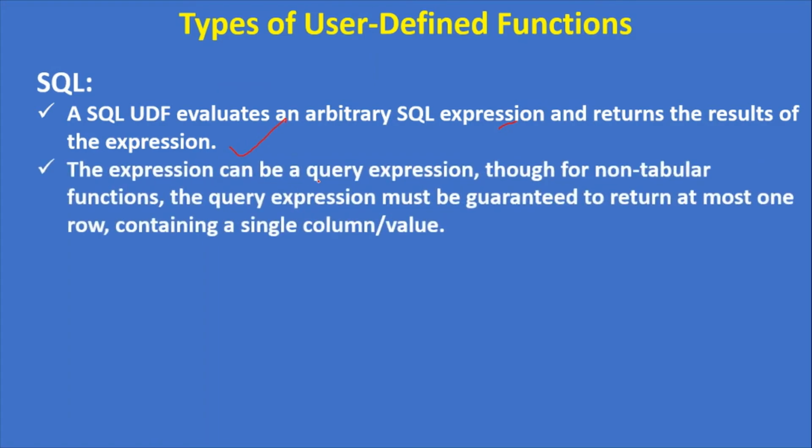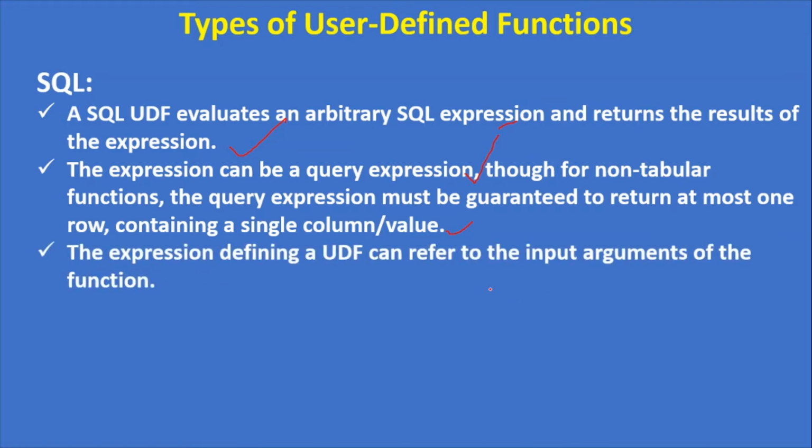The expression can be a query expression, so you can call your function as part of your SQL query in the form of an expression. For non-tabular functions, a query expression must be guaranteed to return at most one row containing a single value or column. That means your expression should return at most one row, containing a single column or value.